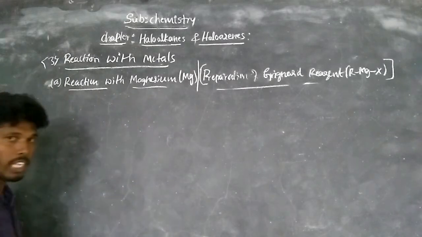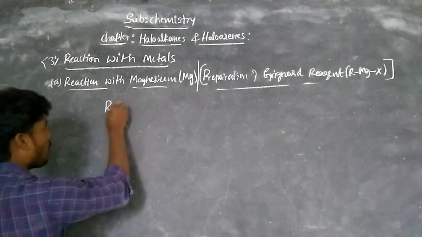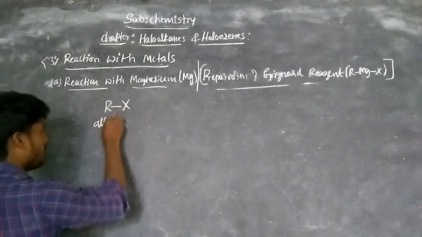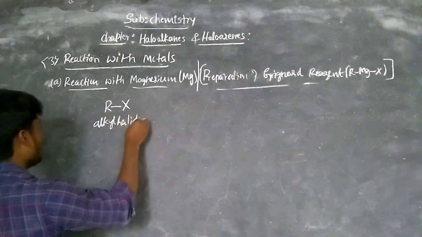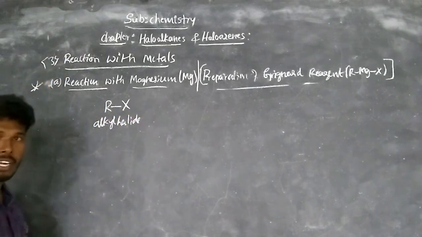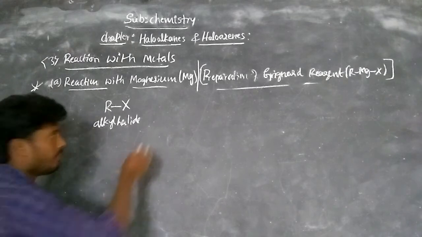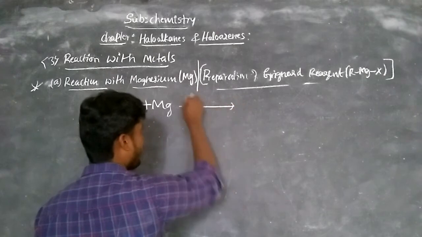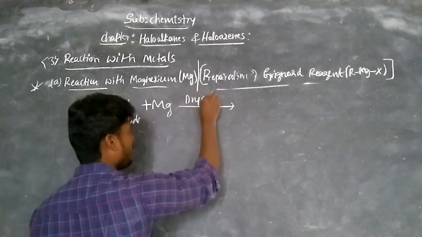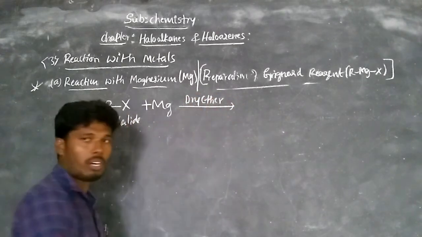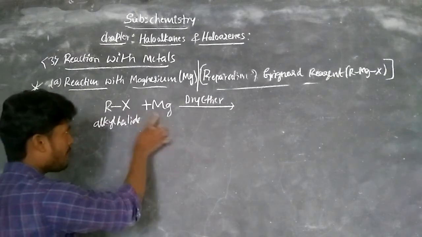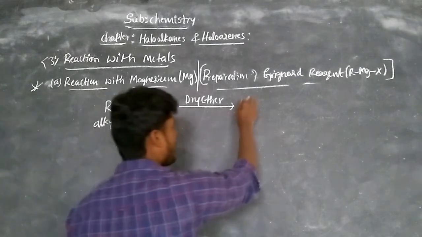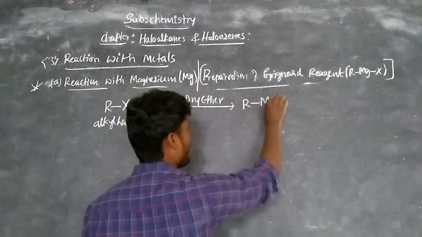The general reaction is as observed. Alkyl halide, R-X, is the general representation of an alkyl halide. Important for the purpose of exam. The alkyl halide is treated with metal magnesium in presence of dry ether, which is a solvent. Observe that magnesium is added between the alkyl group and the halogen to give the Grignard reagent, R-Mg-X.